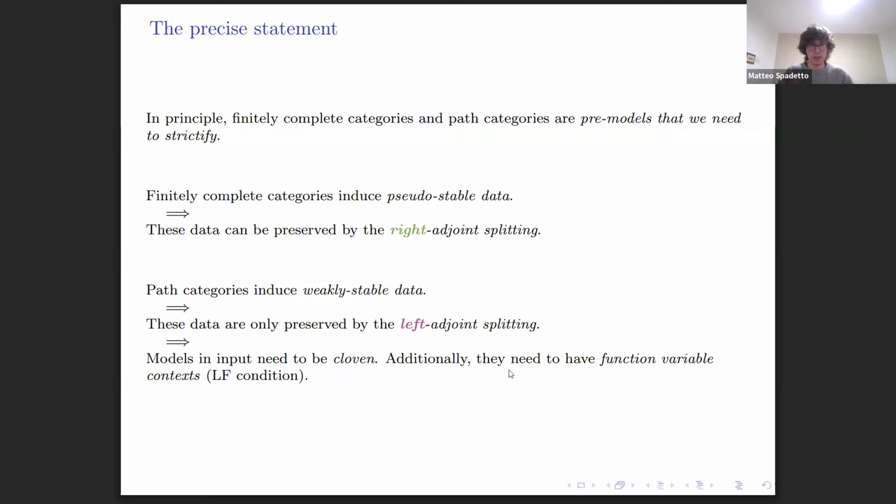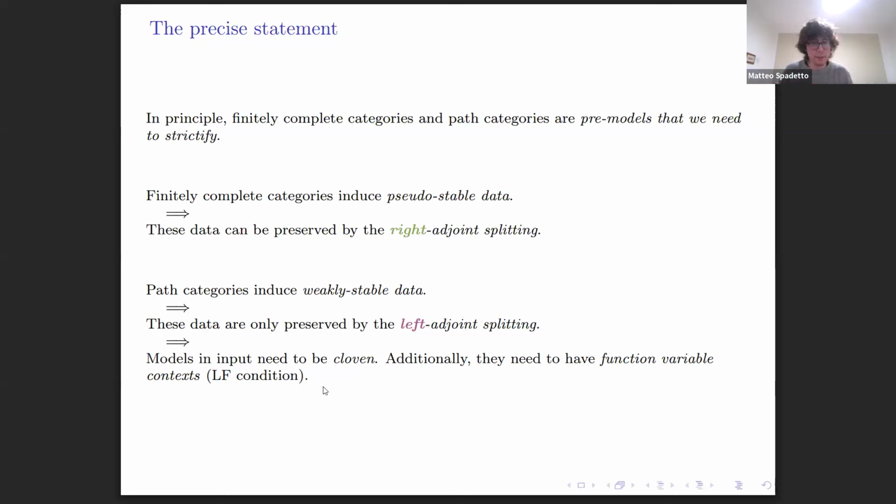In other words, you need the internal type theory to have additional structural rules that tell us that you can build contexts whose variables are function variables. It's like having extensional pi types, but they are not types, they are just pi contexts.